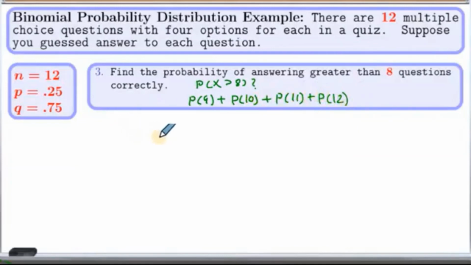Let's use this formula to find probabilities. So it's probability of x equals n factorial over n minus x factorial times x factorial, p to the x times q to the n minus x.